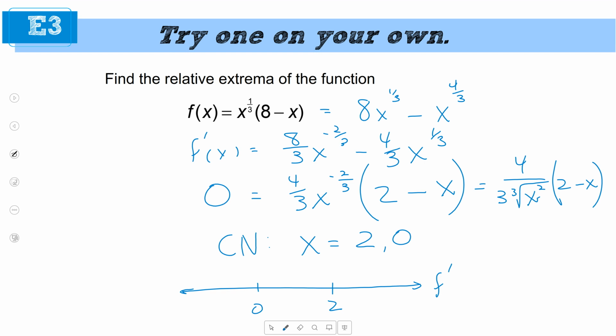Now, we're going to make our lives a lot easier. 4/3 x to the negative 2/3. What can you tell me about that value when I start plugging numbers into it? Nothing? That's okay. Let's start plugging numbers. Smitty, what number would you like to check to the left of 0? -1. If I put -1 in here, this would be 2 minus -1. That's positive. What happens to this?